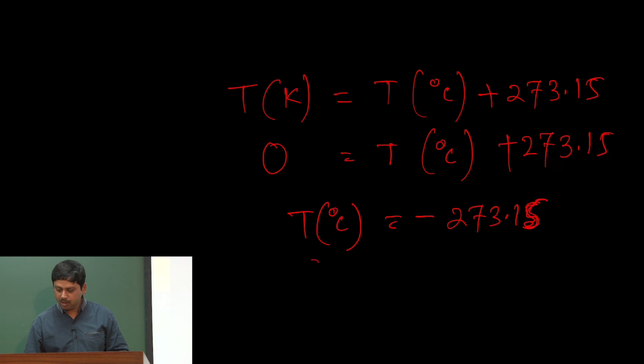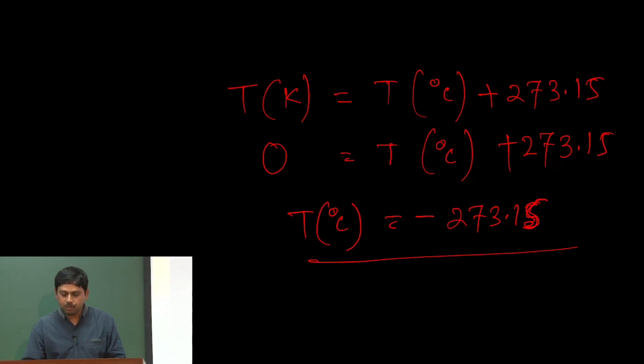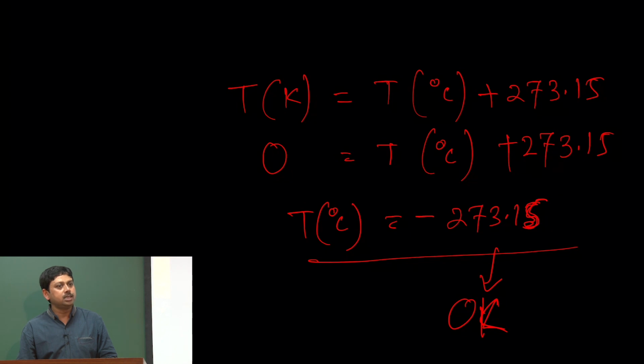So, this is minus 273.15 degree centigrade. This particular temperature is called 0 Kelvin, and you will see later that this is unachievable. So, one cannot really attain 0 Kelvin temperature.